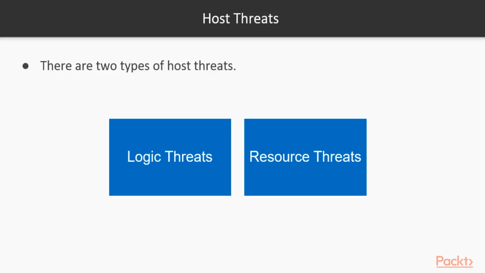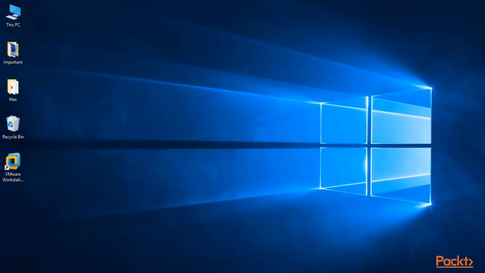So what you can do here is open your Kali Linux and Windows 10 machine inside your VMware Workstation, and let me show you how you can attack the Windows 10 machine from Kali Linux using logic level threats. I'm here at the Windows 10 machine, and first of all, we need to download and install a vulnerable software inside Windows 10.